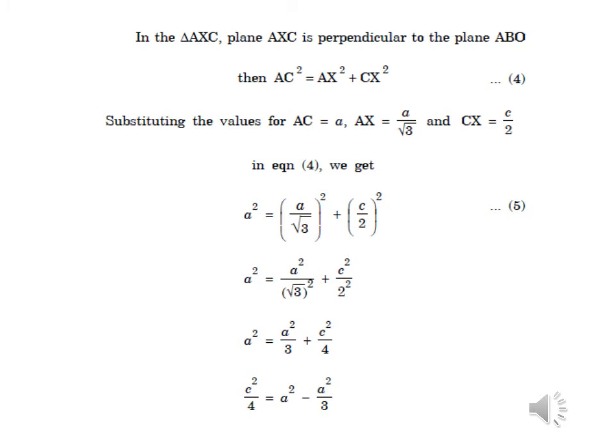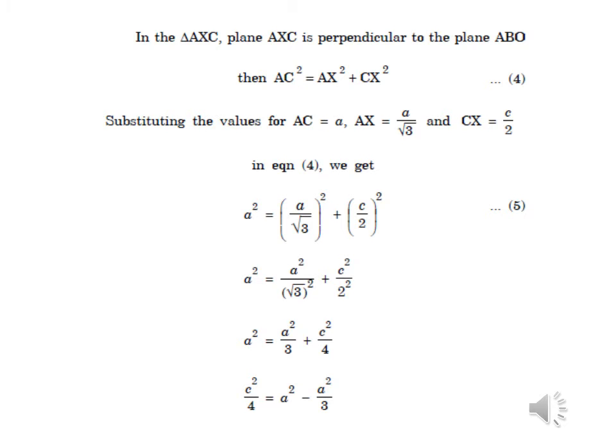In this equation, we get A squared equals A by root 3 whole squared plus C by 2 whole squared. A squared equals A squared by 3 plus C squared by 4.